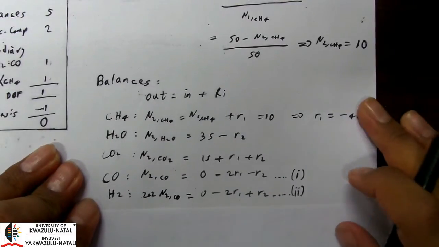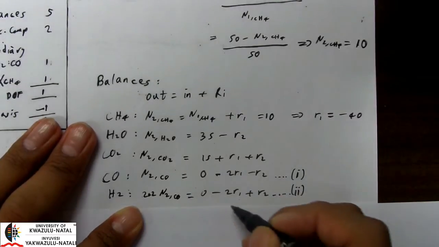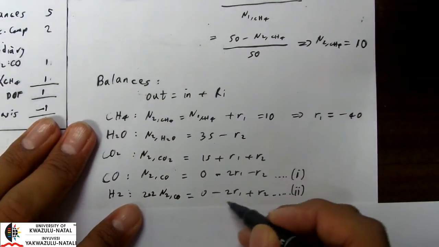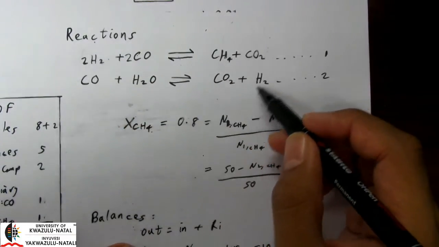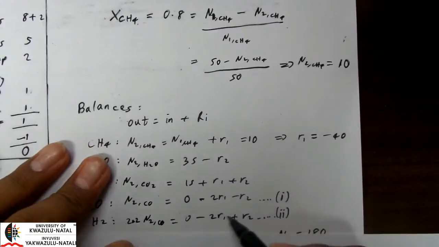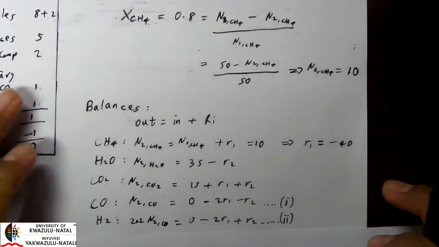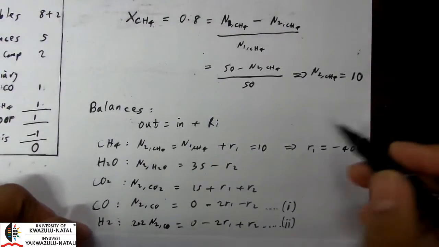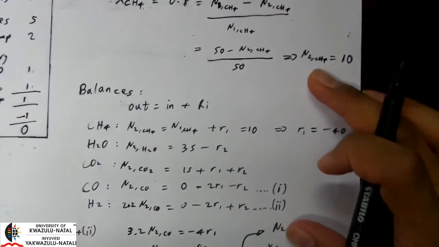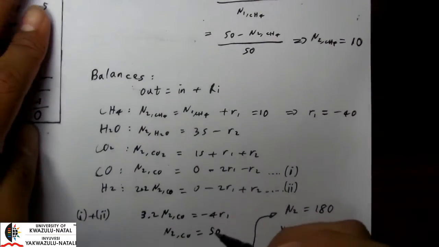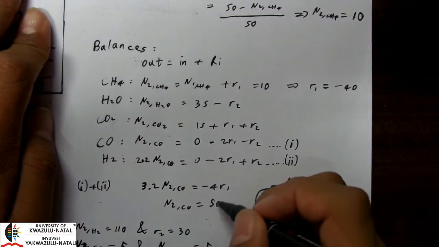The same with the hydrogen as well. We have no hydrogen input, however, it's being used as a reactant in R1, and it's being produced in R2. So I have minus 2R1 plus R2. Okay, and from there, since I have R1, I can solve simultaneously, and I can obtain N2 of CO to be 50.